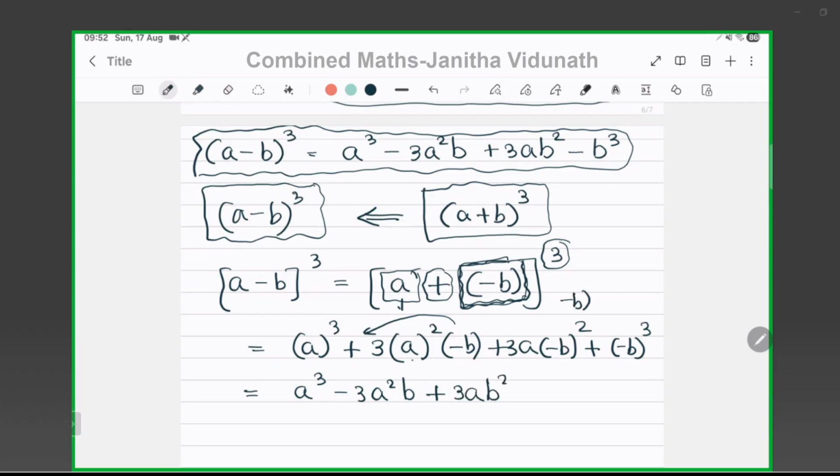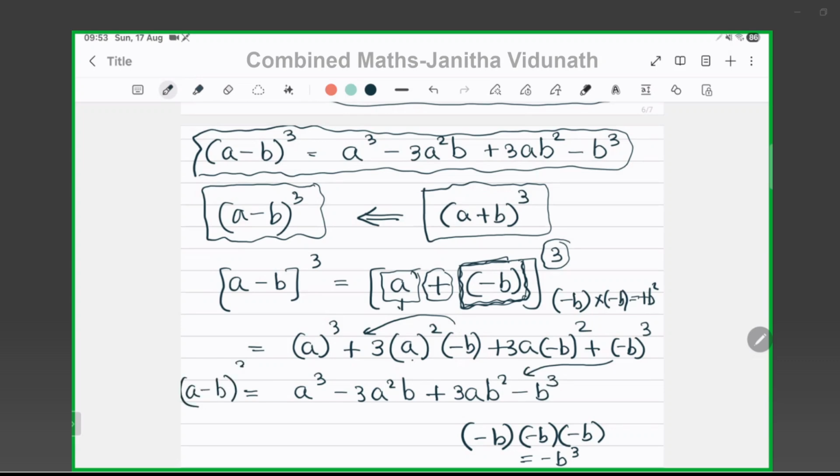We know that minus b times minus b is plus b square. Then we get minus b times minus b as minus b to the power 3. Finally we get from this term minus b cube. Then we can expand a minus b whole cube as a cube minus 3a square b plus 3ab square minus b cube.